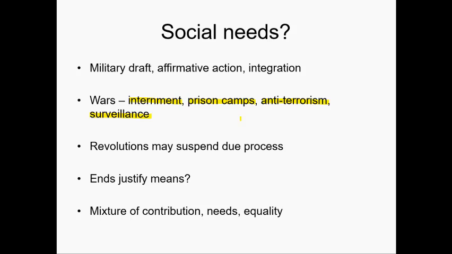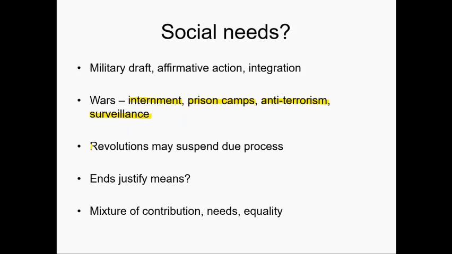So these are all trade-offs with social needs that we may have to sacrifice a little bit of rights, or if those social needs become to where our rights may be getting violated, for example, lack of privacy, then we'll push back on those social needs and policies could change.